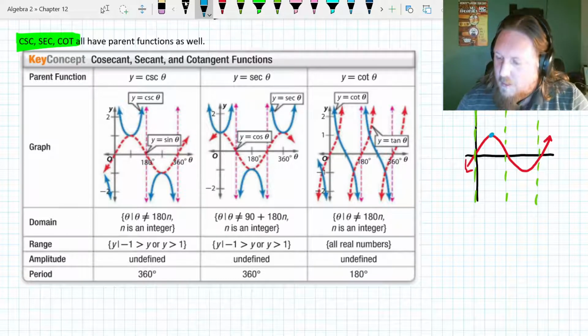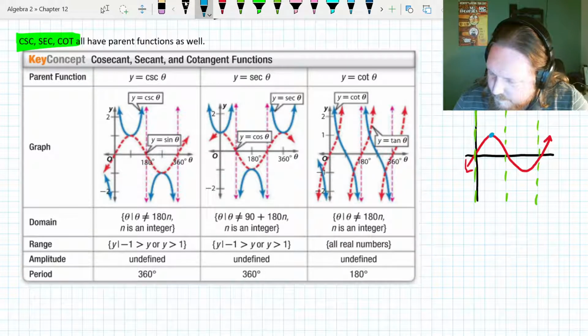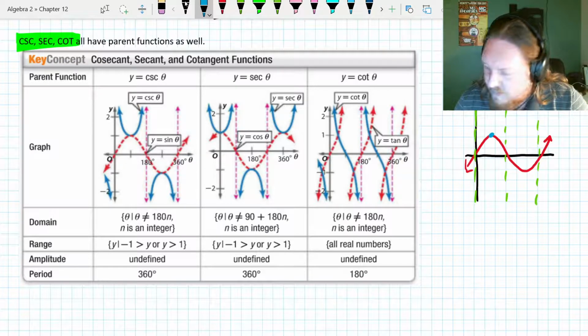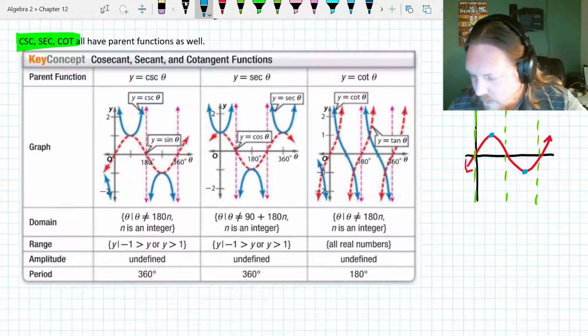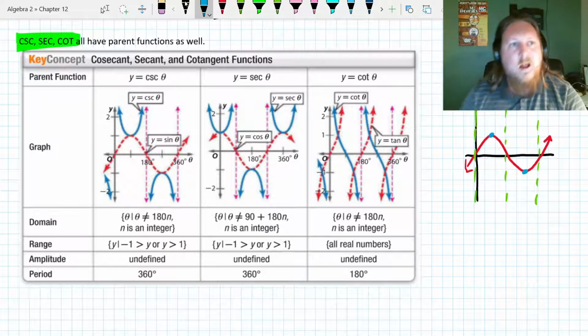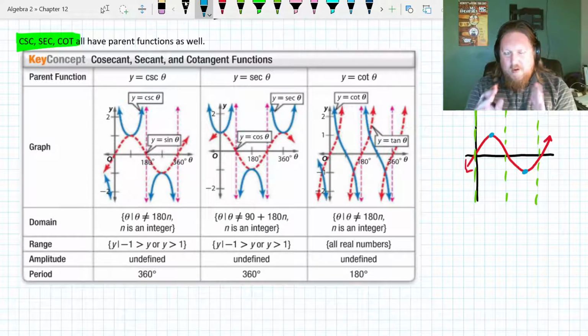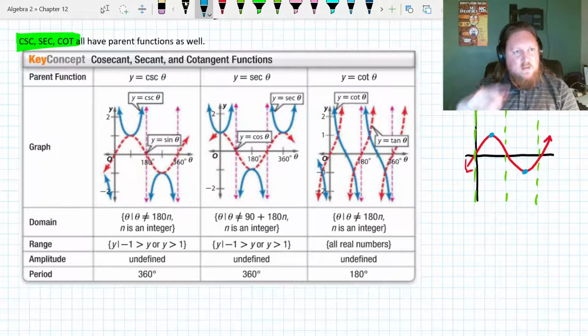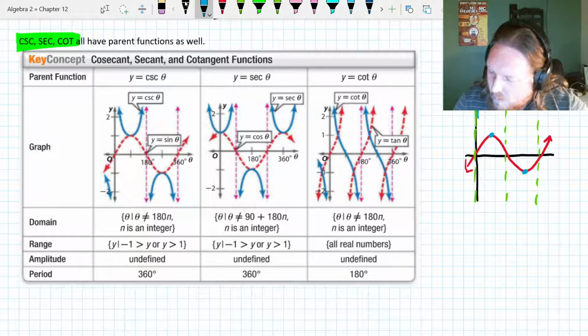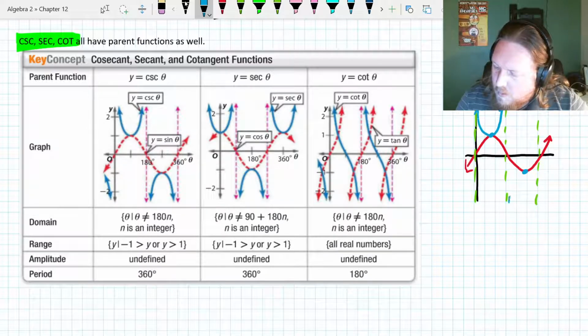Draw a little empty dot on the maximum for this first region between the asymptotes, and a little dot on the minimum between the next two. It's not a parabola because it's crunched in by the asymptotes, but it is still kind of a U shape. Comes down to there and goes back up. Comes up to the point and then goes back down.